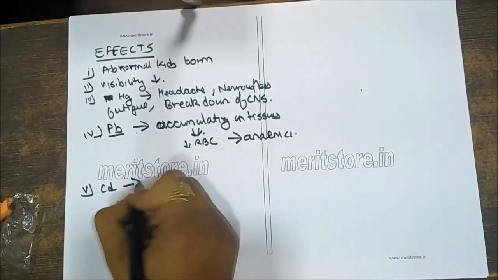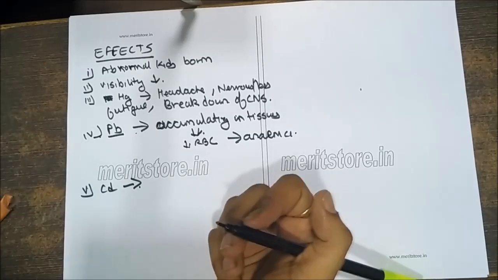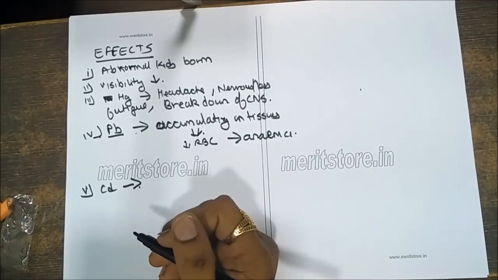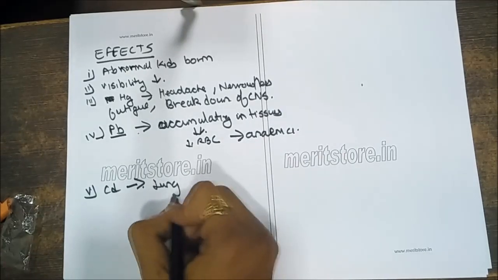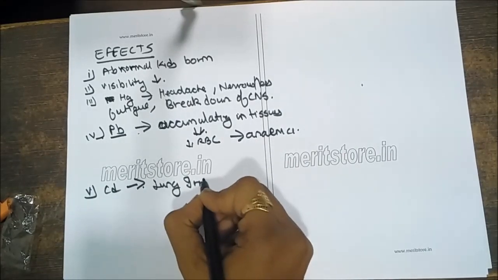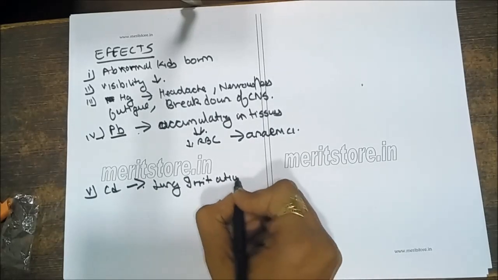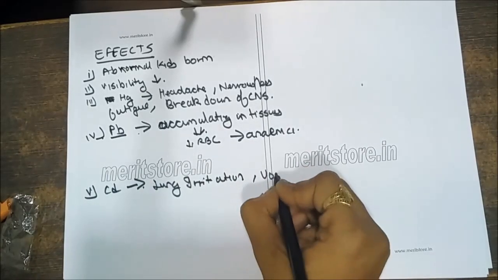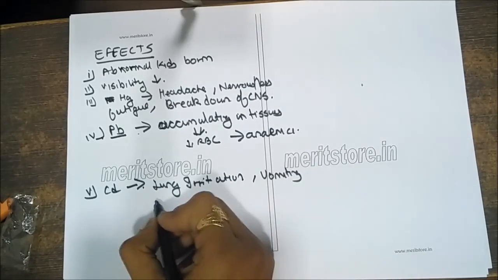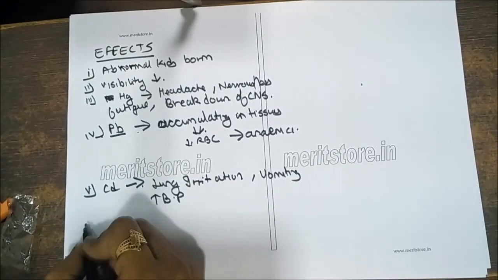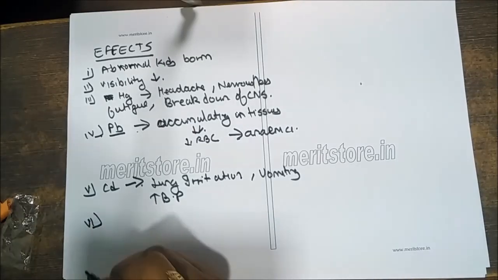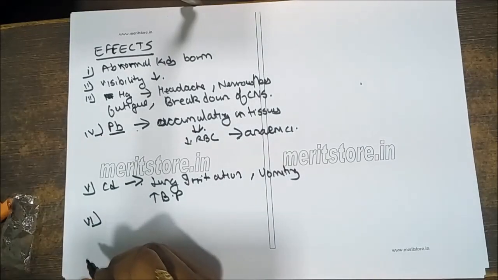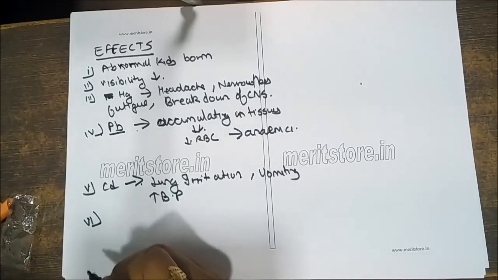Even cadmium mainly arises during the metallurgical processes of zinc and copper. It will again affect the respiratory system, so it will cause lung irritation, vomiting, and hypertension. So increase in BP. Even exhaust gases from automobile discharge cause 1% of the total mass of particulates in the atmosphere.